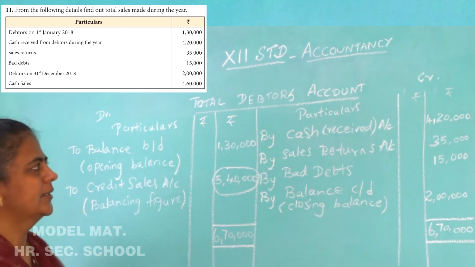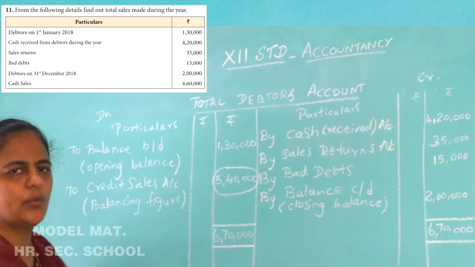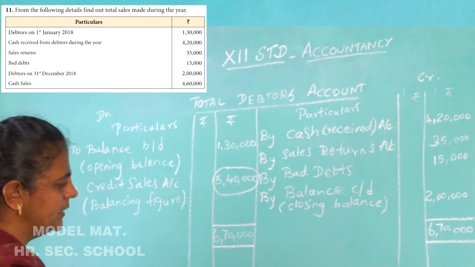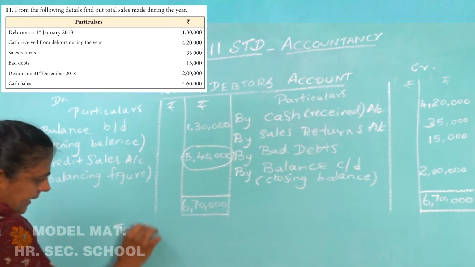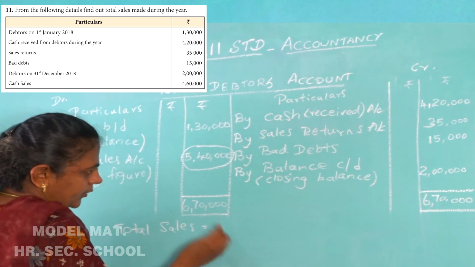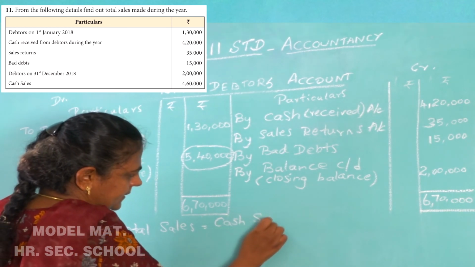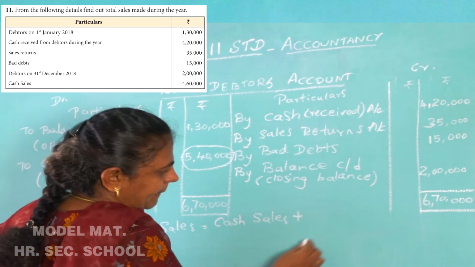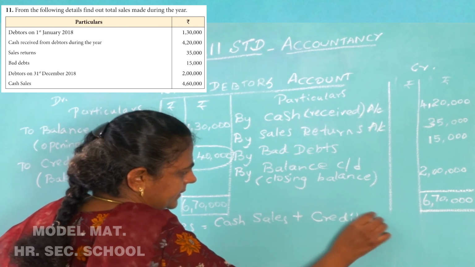Okay children, you understood how to calculate credit sales. But what is asked in the question? Total sales is asked. So total sales is equal to cash sales plus credit sales.